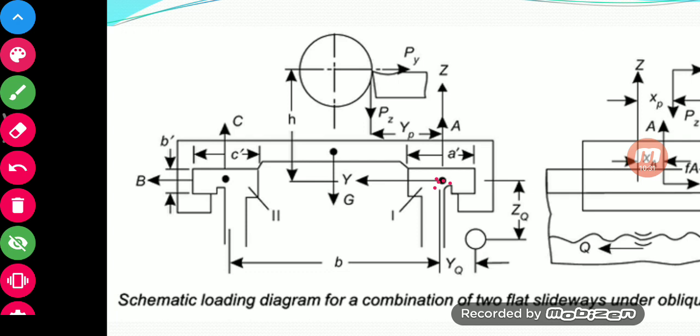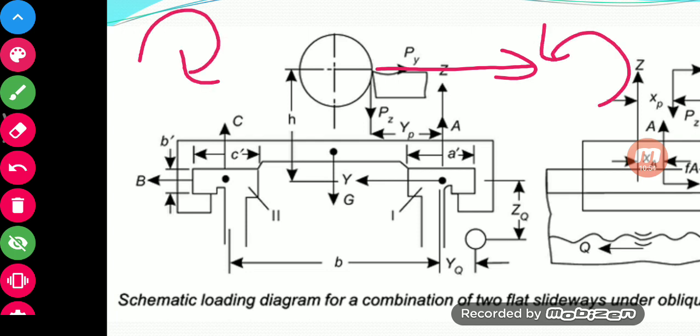Then the first one that has been considered is Pz, and the distance from that is yp. So that is the first component. Second component, and again we will do that. We will say clockwise moments and anti-clockwise moments, and then we will just go ahead and name those.